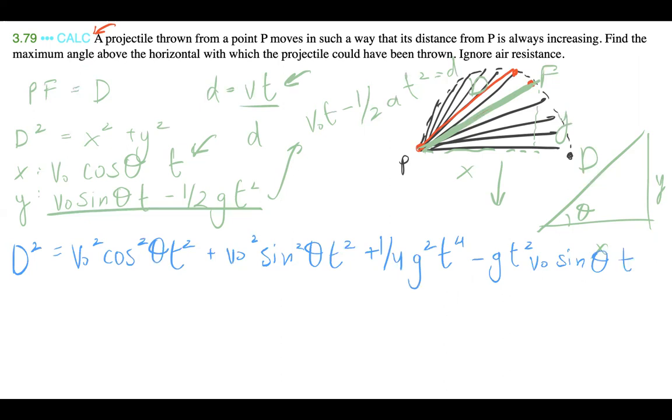And if we collect like terms, we can just do v naught squared cos squared plus sine squared theta, right?